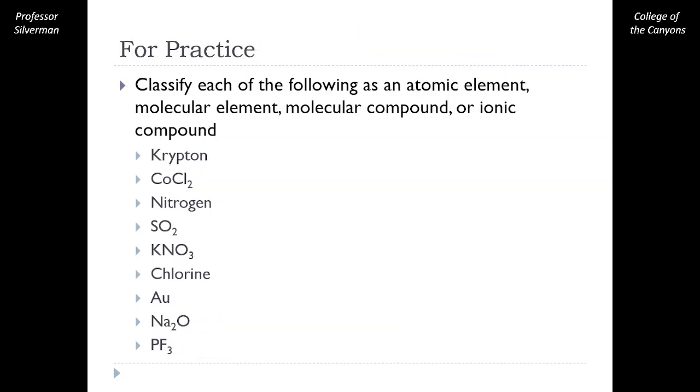We can do some example problems classifying our elements and our compounds. I'm going to start with KNO3. This is not an element because it has multiple elements in that formula. This has to be a compound.